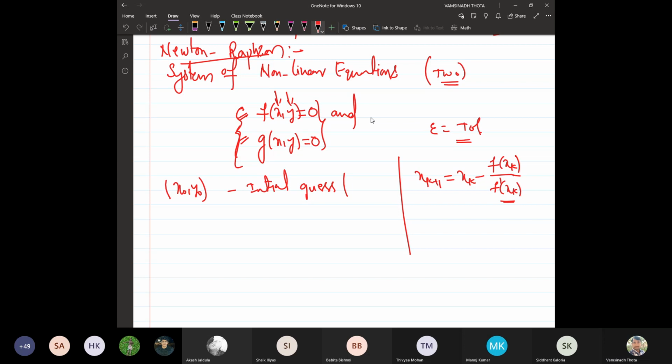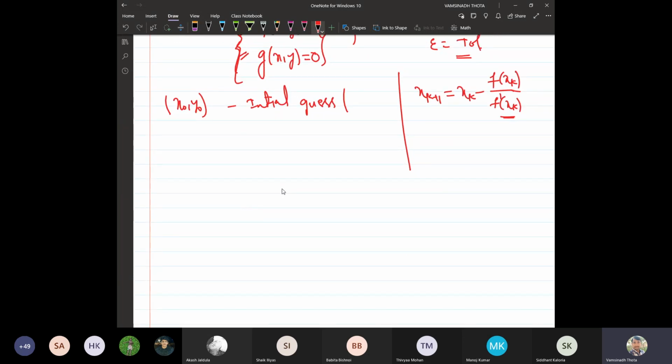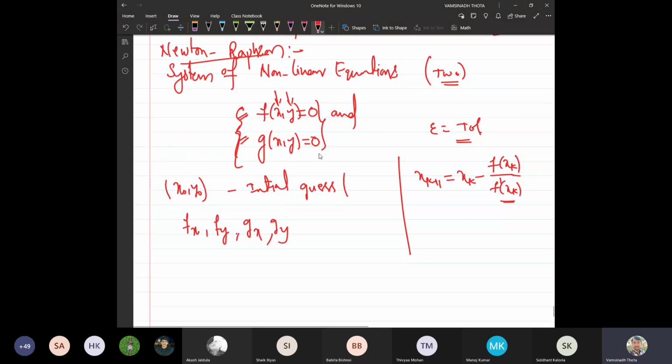In the Newton-Raphson method, we have seen that the function must be differentiable and the derivative should be non-zero. Now, what about the conditions here? Here, first, the partial derivatives f x, f y, and the partial derivatives g x and g y.